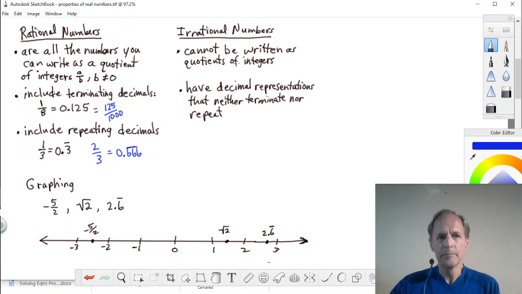Okay, so irrational numbers cannot be written as quotients of integers. And they have decimal representations that neither terminate nor repeat. So pi, for example, do you know some of the digits of pi?